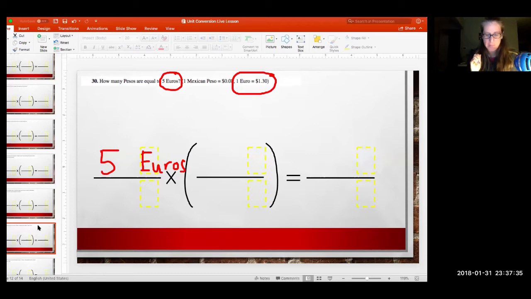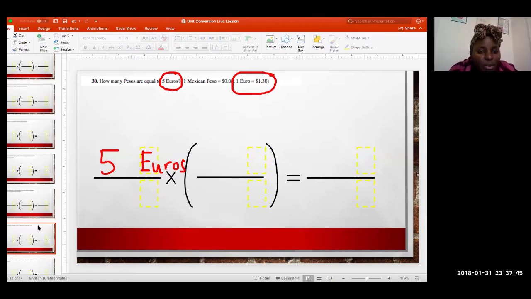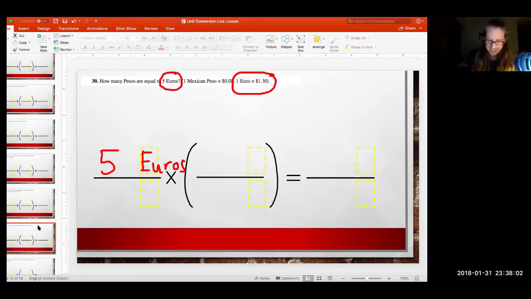So Lena, are we going to put euros on the bottom or on the top? Okay, what is the question? How many pesos are equal to 5 euros? So the euro goes on the bottom? Yes.